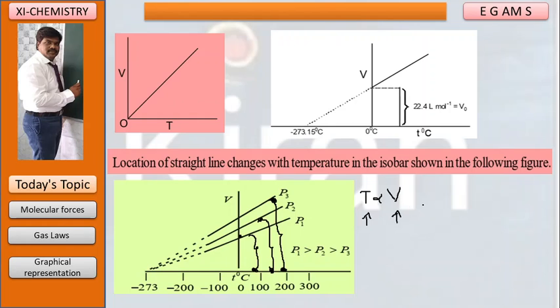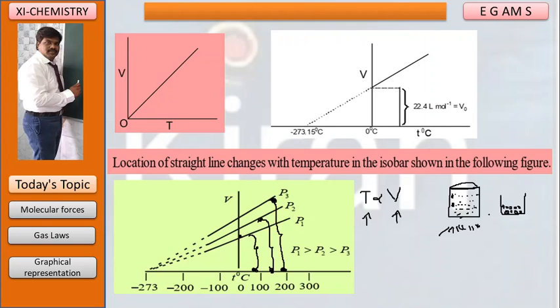This you understand easily, because when you take a closed container with a gas and heat it, the gaseous molecules will occupy more space, hence the volume increases. Temperature increases, volume increases. Clear? When temperature decreases, the gas is compressed. Cooling means the intermolecular space will be less, so it will be compressed.